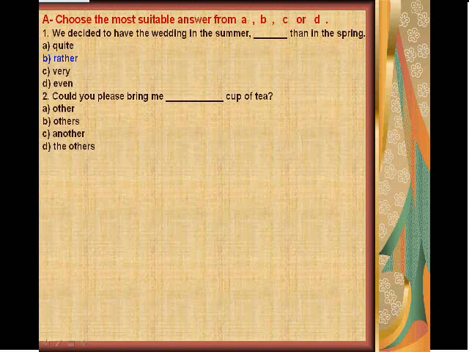So definitely, if you have cup of tea which is singular, you just eliminate the options which are plural. So B, others, forget about it. D, the others, again forget about it, because these are plural. So what you have here is A and C, other or another. So the answer is going to be another cup of tea.